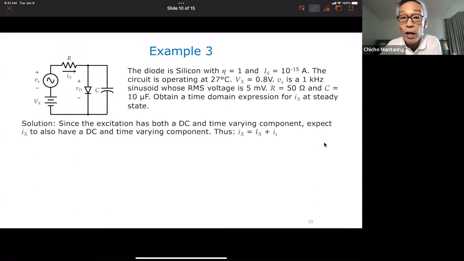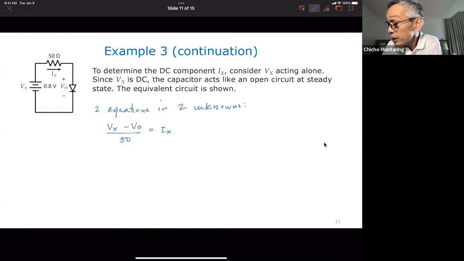So you have eta equal to 1, you have I sub S operating at 27 degrees centigrade. Okay, so this is your first equation. And what is your second equation? Your second equation would be I sub X is equal to I sub S times e raised to the VD over N V sub T, minus 1.